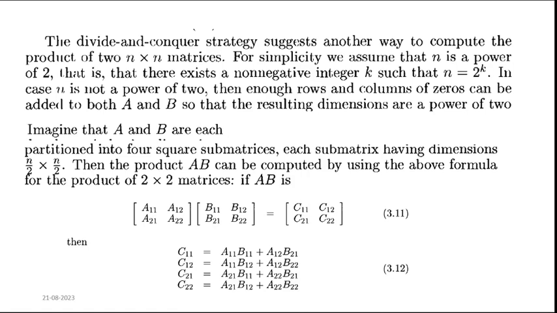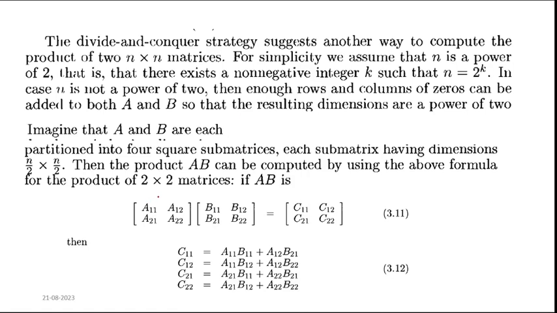Normally, what happens when you multiply two matrices, let's say A and B? Let's say these are the elements of a normal matrix multiplication.